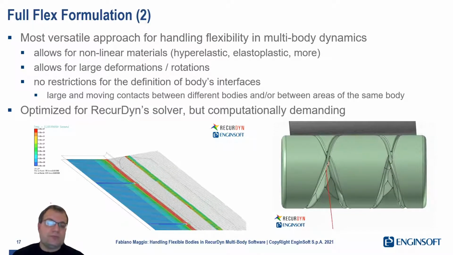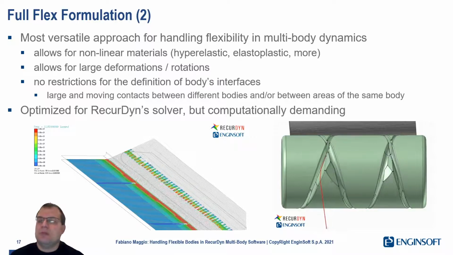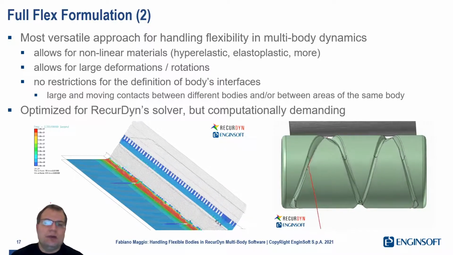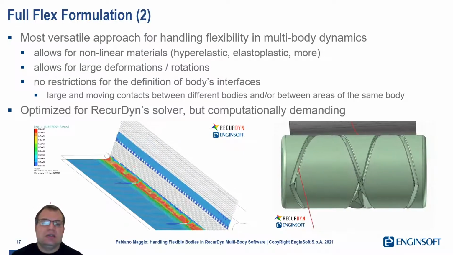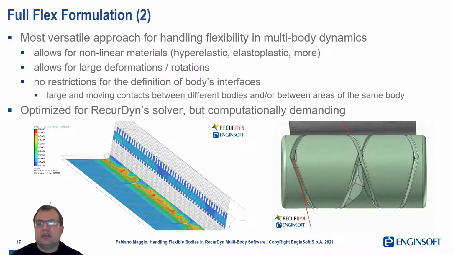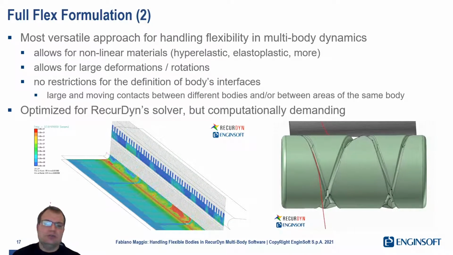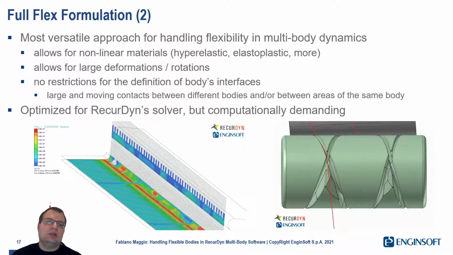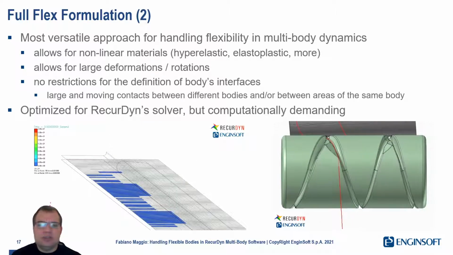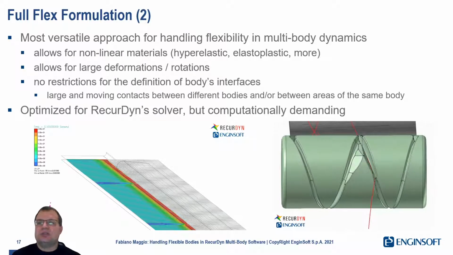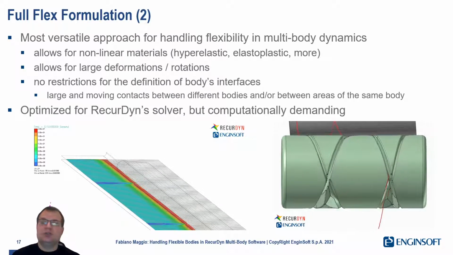So using full flex might be tricky in terms of numerics, but for the user it's not a problem because you just set the mesh, define the properties, and go for the solution. Just wait a bit longer than a rigid multibody, and you will get a real transient finite element simulation and multibody.